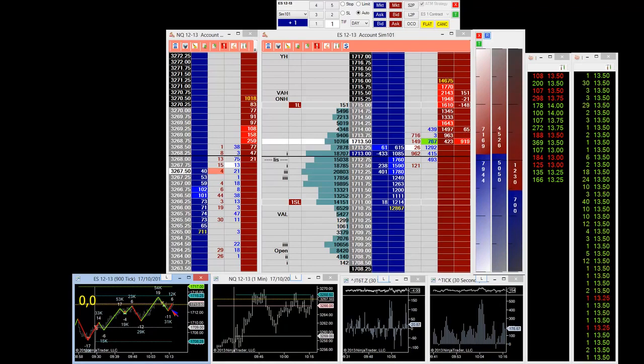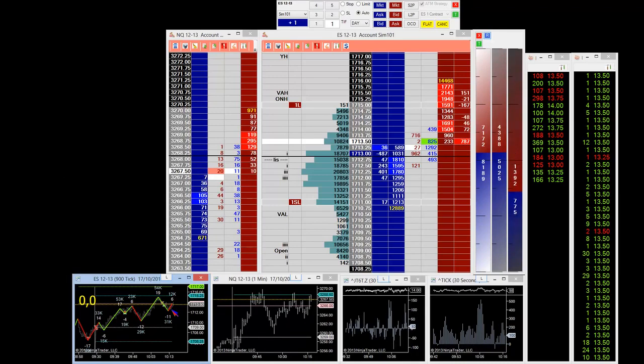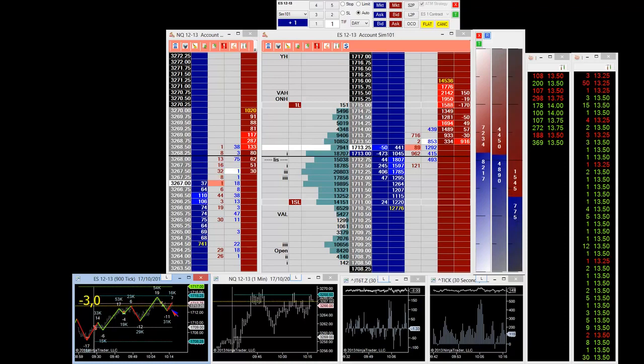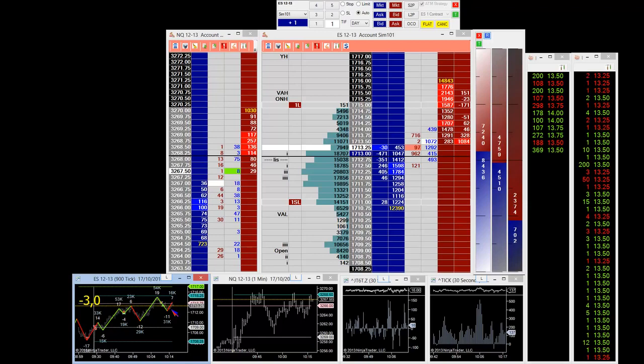If it goes up to 1713.75 again, and we don't see buyers trading into that price, it probably means this trade is going to fail and go back through my entry price and start working its way back down. Even at 1713.50 now, there's not really a lot of trades going in. In a long position, we really want to see buyers step in at this point, because right now it looks like the buyers have run out of steam. So let's give them a minute.